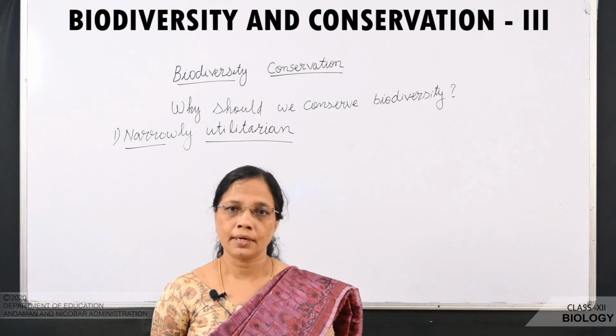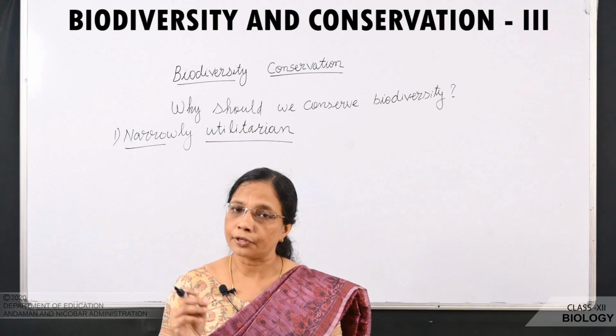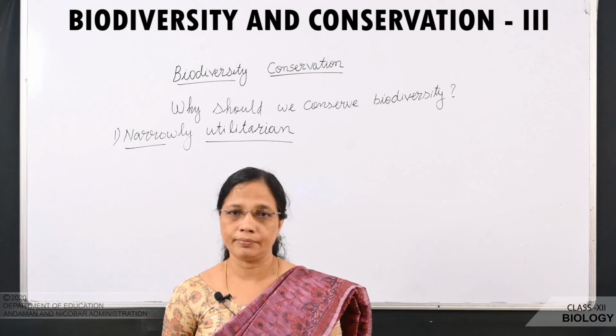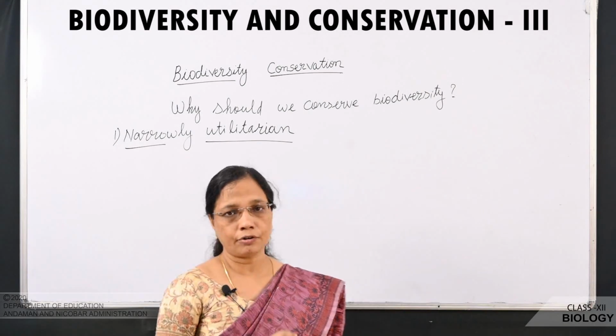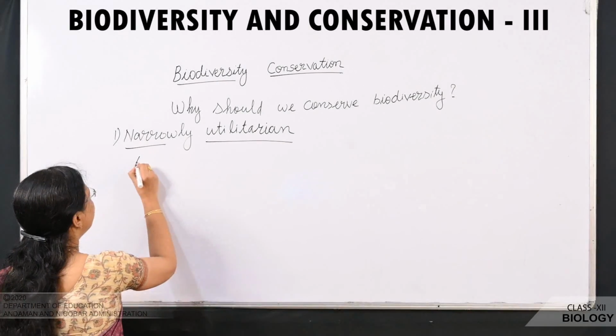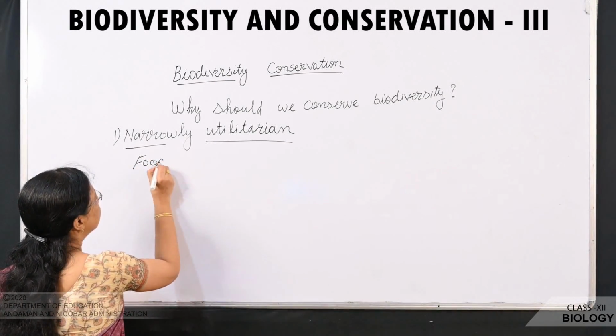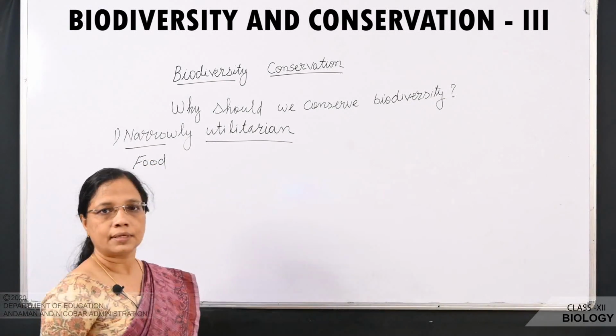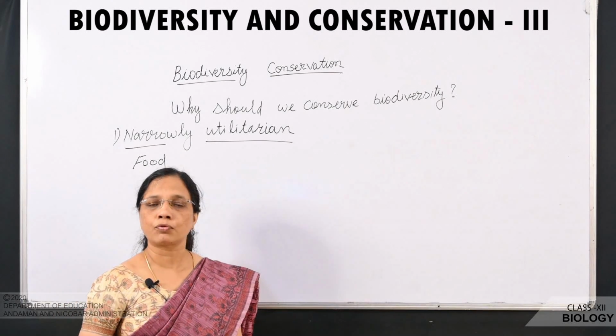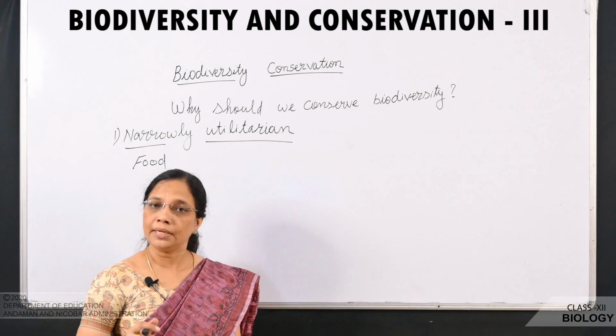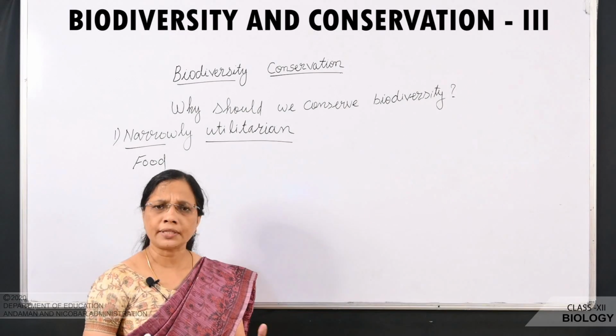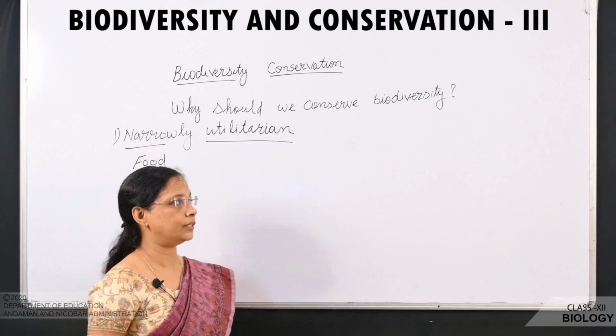Human beings derive economic benefits directly from the nature. These economic benefits, say in the form of food, cereals, pulses, fruits, vegetables, meat, egg, everything that we are getting from the nature.